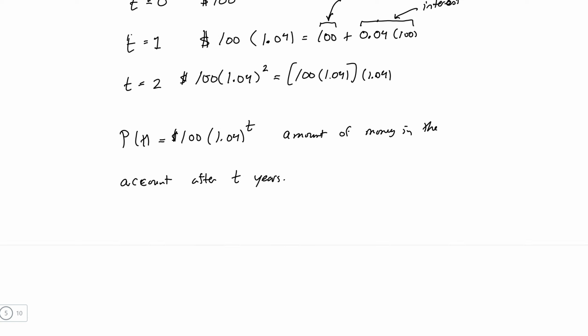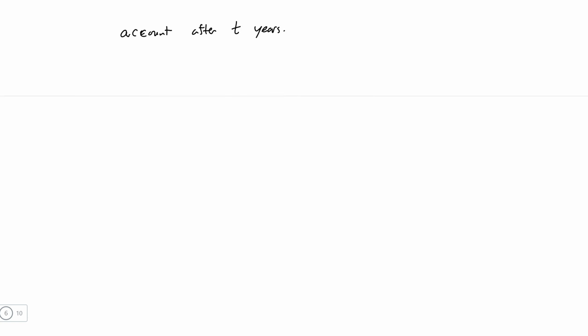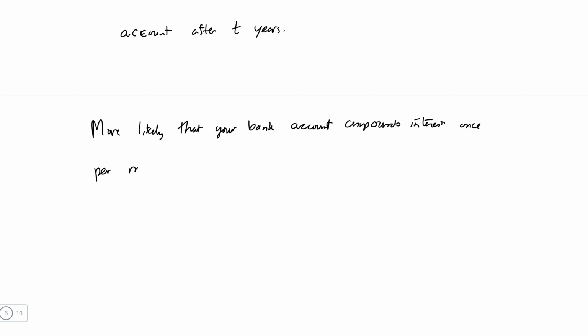So now instead of doing this, more likely what your bank account does is it compounds interest once a month. So when we do that, we don't use the APR as our rate anymore.